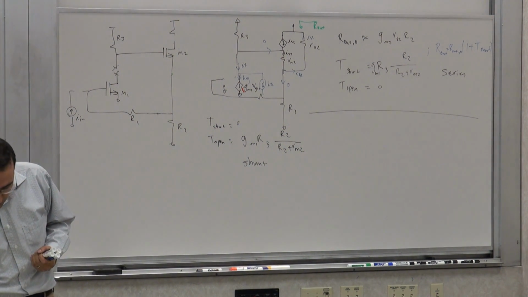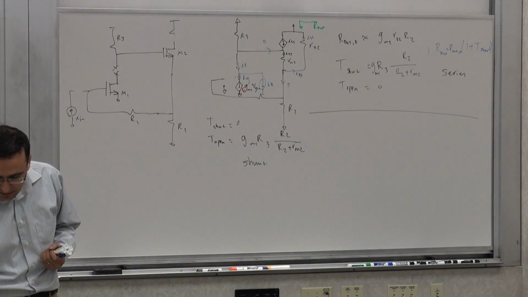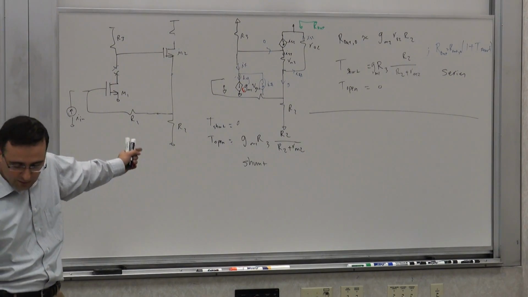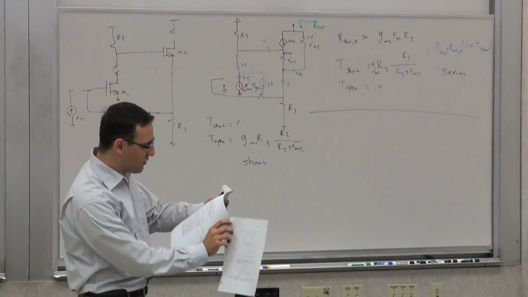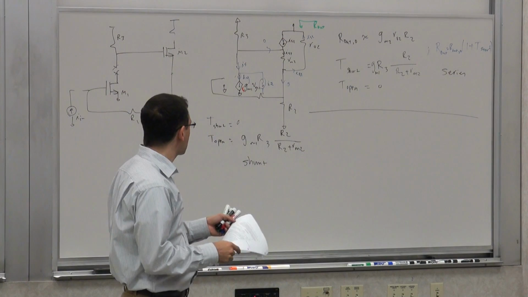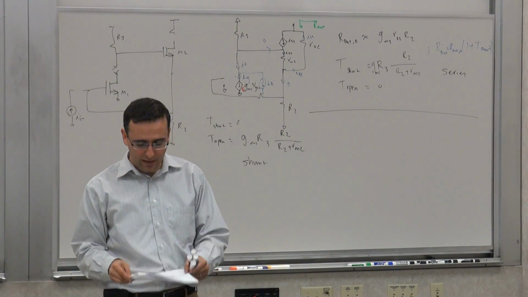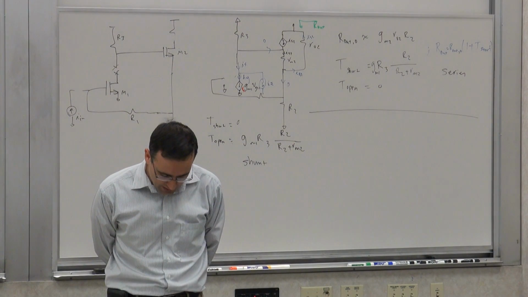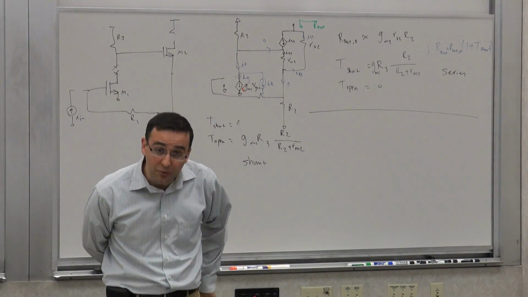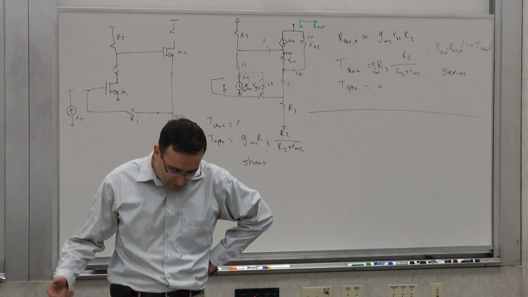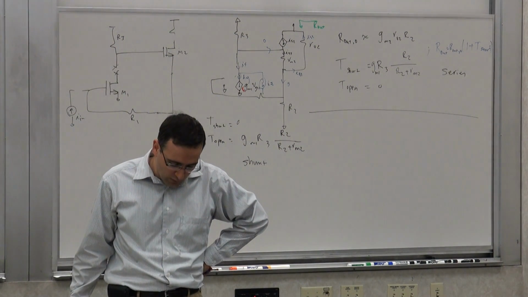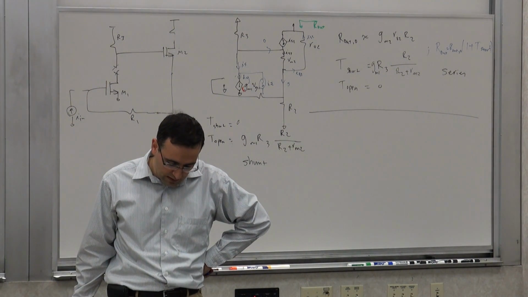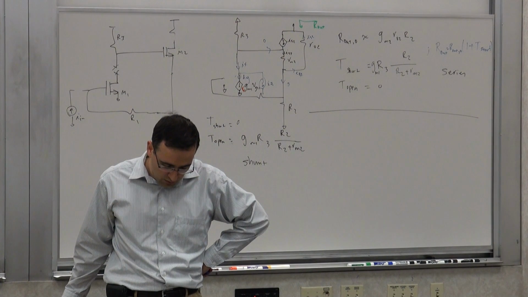There's another example in your handout. Before we go to the next one, we did this numerically too. I took these results and compared them with SPICE simulations. This is on page 265. We put some values there. We assume a GM of 20 millisiemens for the two transistors and an RO of 1 kilo ohm for M2.